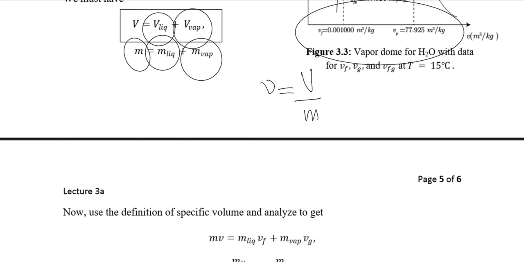If I'm talking about the specific volume vf, that will be the volume of the liquid divided by the mass of the liquid. And the specific volume vg will be the volume of the gas divided by the mass of the gas. Just abbreviating them.